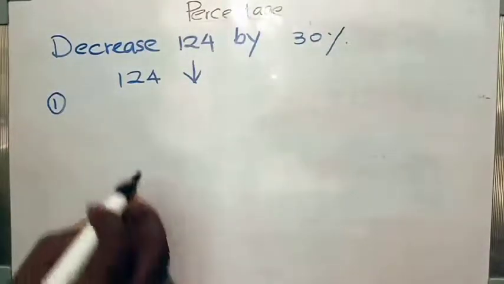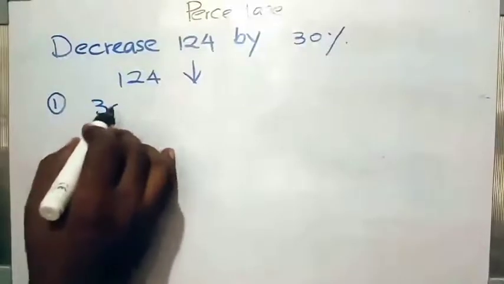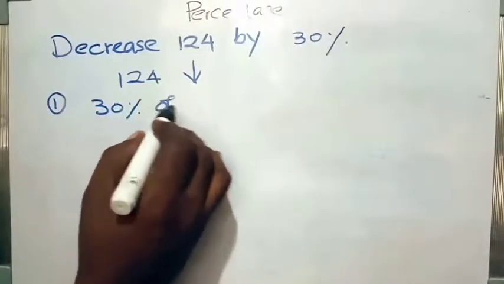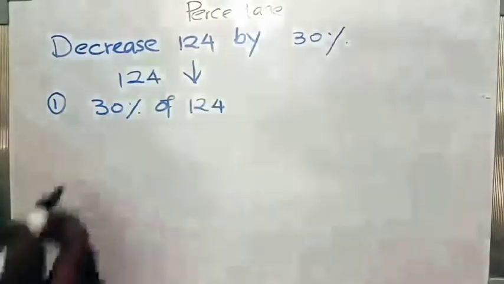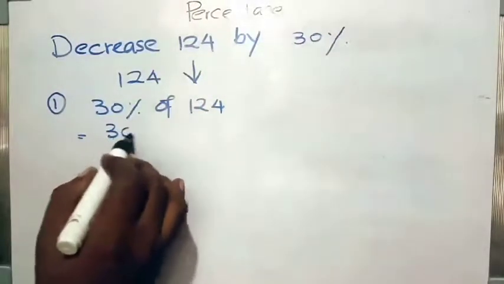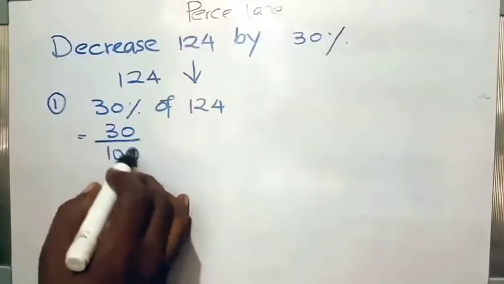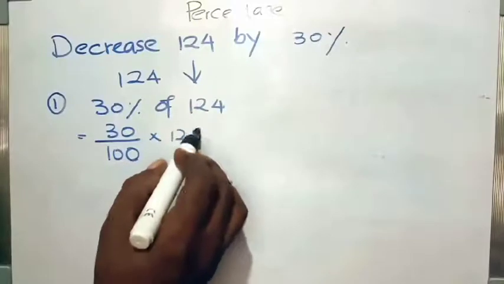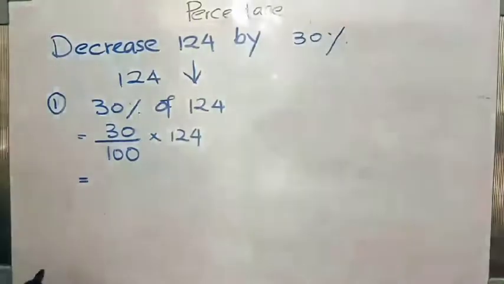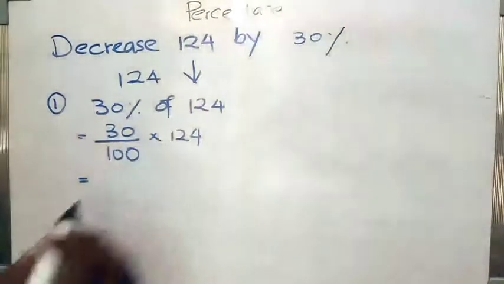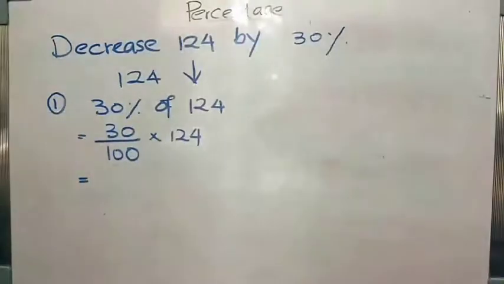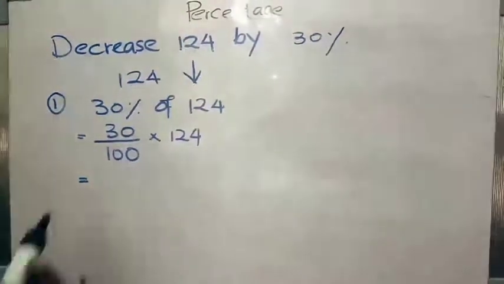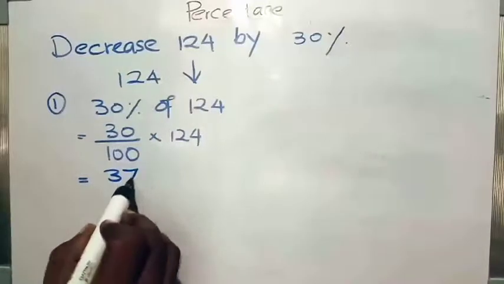As per the first method, first you have to find 30% of 124. That is 30 out of 100 of 124. We get an answer. What is the answer? So we get it as 37.2.